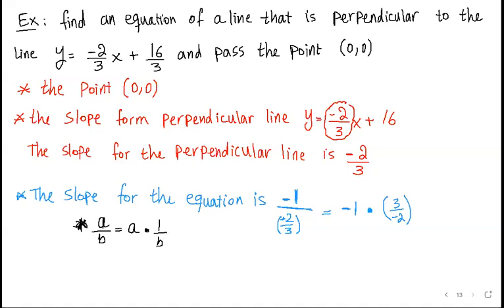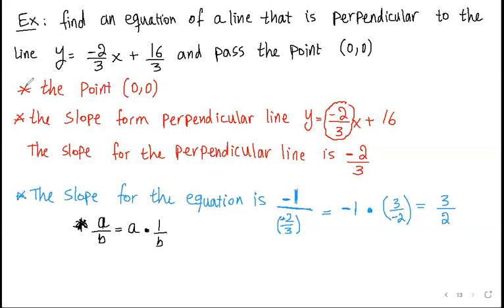So -2 times minus is positive, 3 over 2. This is the slope for the equation I'm looking for. This is the only slope for the equation.